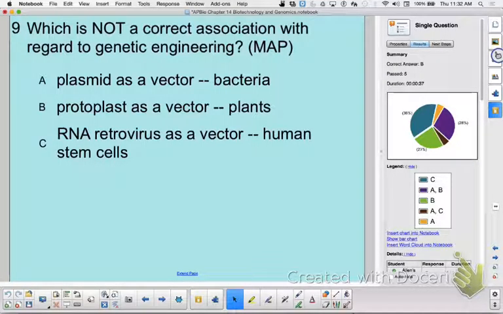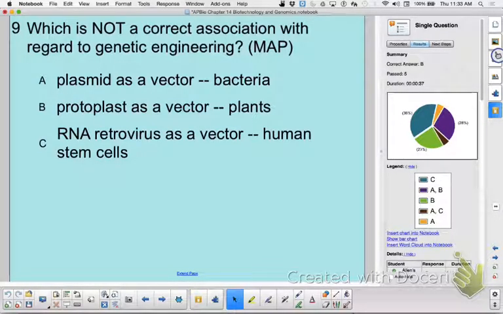What are the two vectors? Plasmids and what? Oh, okay, good. Plasmids and viruses are your two vectors. Protoplasts. Some of you are going, protoplast plants. Yeah, I've heard of that. A protoplast is just plant cells without a cell wall. Those are more easily available than two vectors to go into them. They're not the vector.